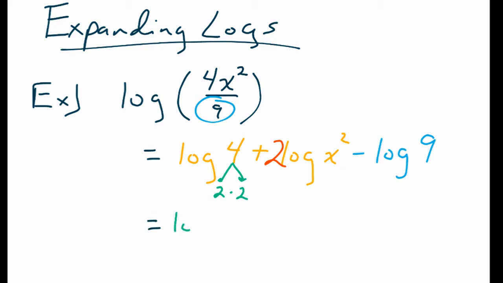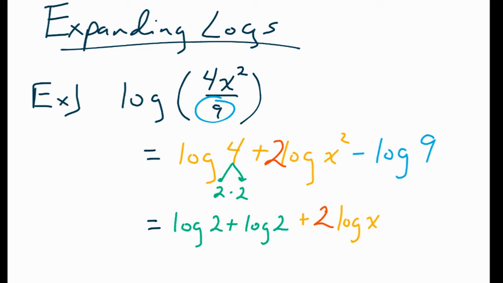So I'm going to take the log of 4 and represent that as the log of 2 plus the log of 2. And we're going to say that that is more expanded because we've got it down to its lowest terms. We also still have our 2 log of x. That already is in its lowest terms.